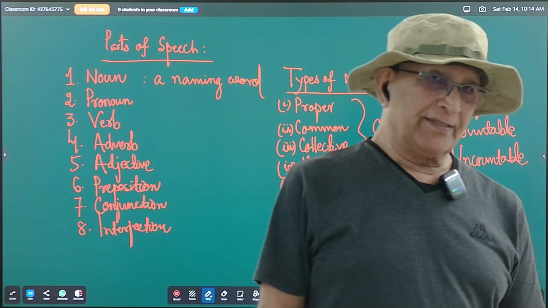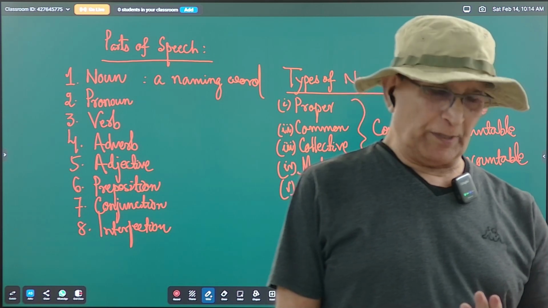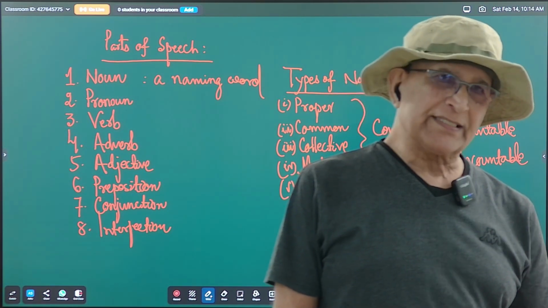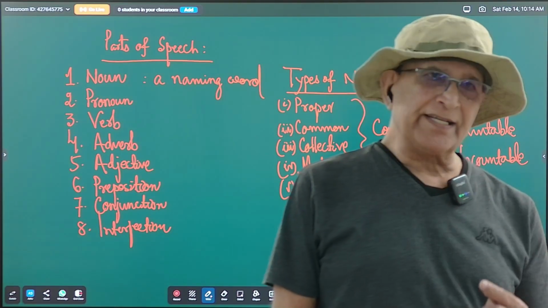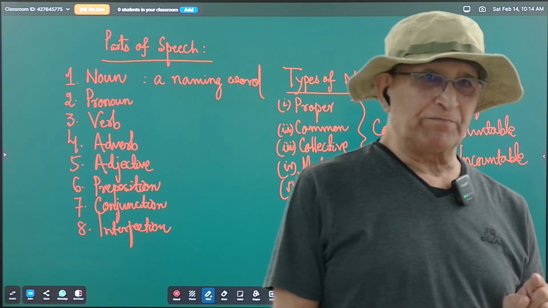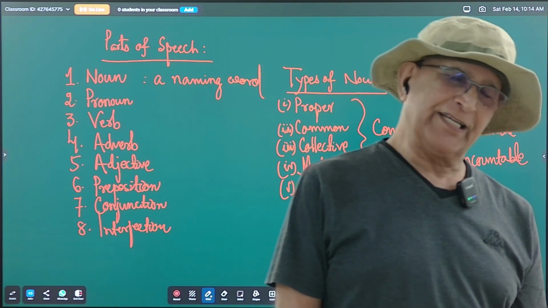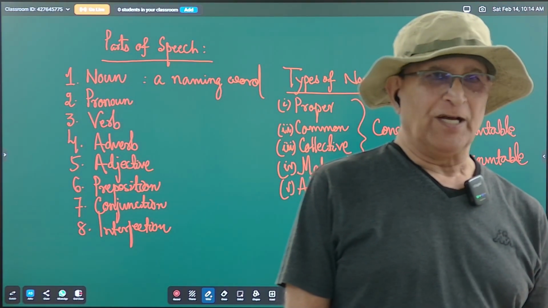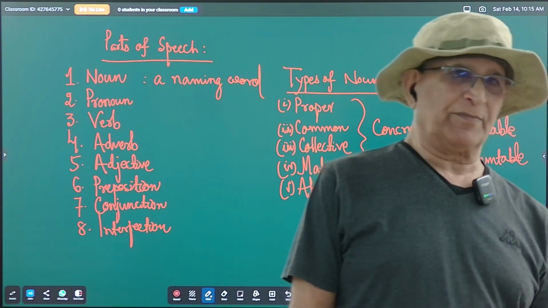Please give me a piece of paper. When you talk about paper, you say, a piece of paper, a sheet of paper, a square of paper, a ream of paper, a bit of paper, like this. It becomes countable. Otherwise, paper as such is uncountable.